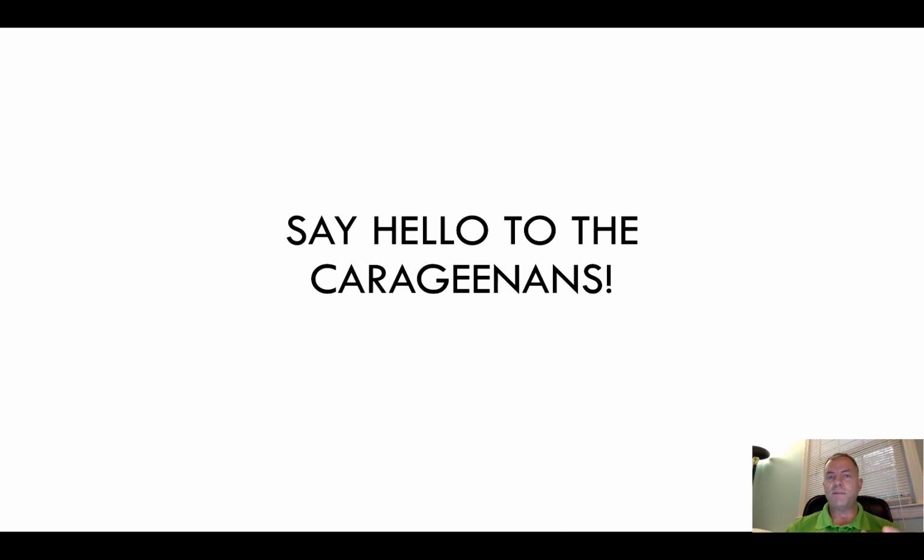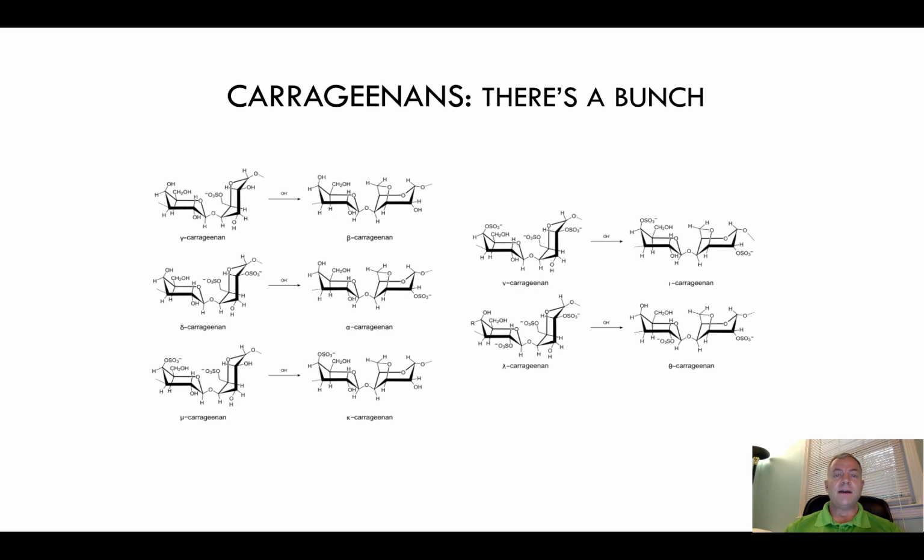And one of the best examples to do that would be the Carrageenans. Carrageenans are really diverse in terms of the types of molecules that are formed. These are all seaweed-derived molecules, but you can see that there is alpha-carrageenan and beta-carrageenan and lambda-carrageenan.